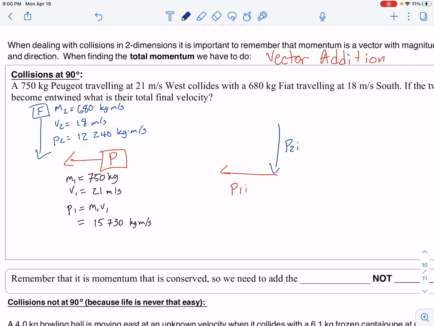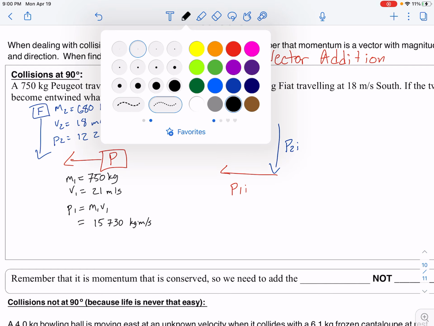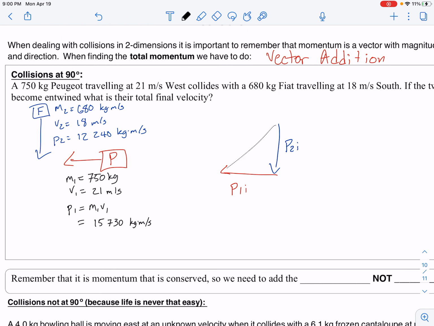Now notice it makes a 90-degree angle. And when you get a 90-degree angle like this in a collision, we can know instinctively that the result is that they're going to move roughly at a diagonal angle.